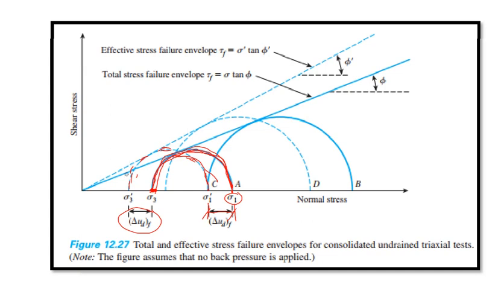So, meron tayong offset doon sa ating total stress circle by this delta U or yung ating pore pressure. So, in this case, we have an excess pore pressure, so the effective stress is lower than that of the total stress, shifting yung ating Mohr circle to the left. So, ito yung ating dash line. Ito yung ating effective.